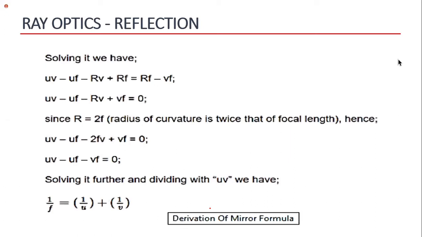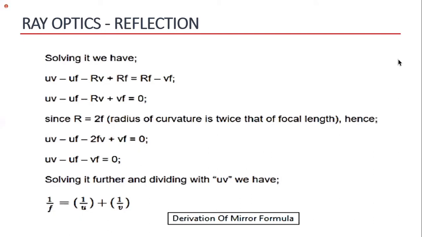Rearrange the terms, you'll get 1 by V plus 1 by U is equal to 1 by F. Don't look at your notes here, do your derivation.